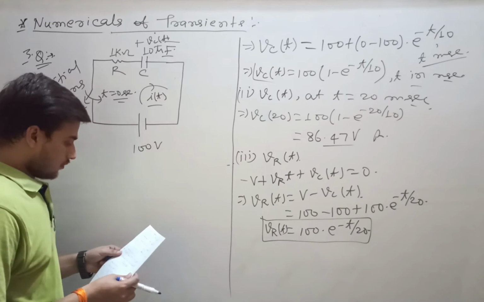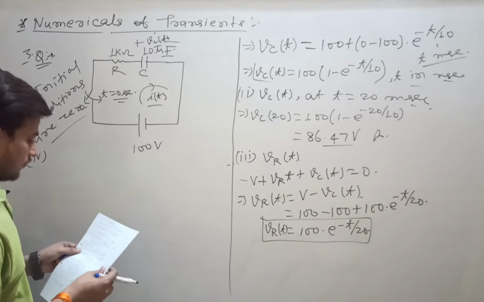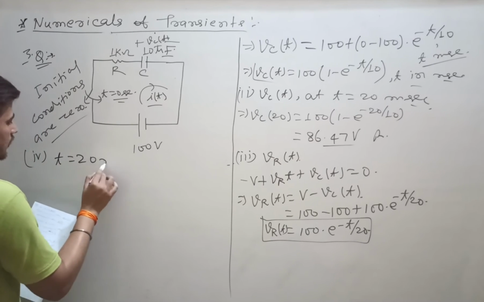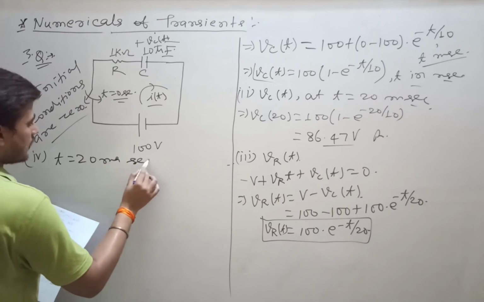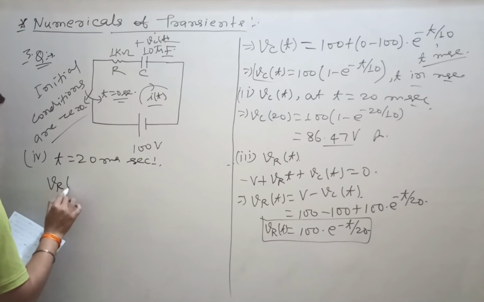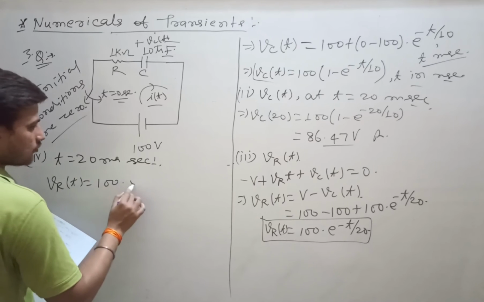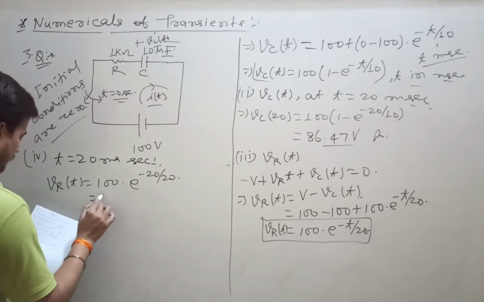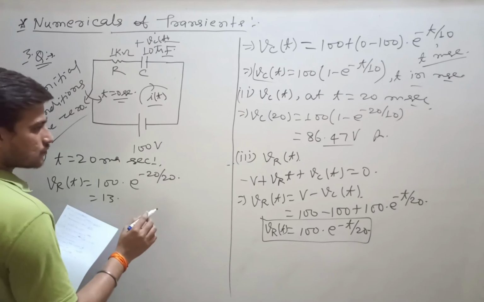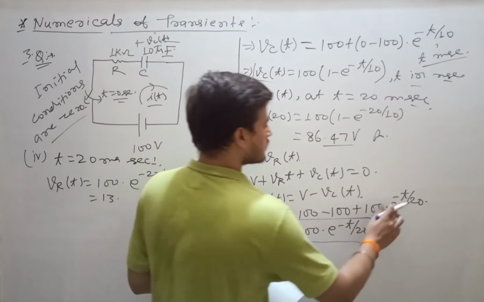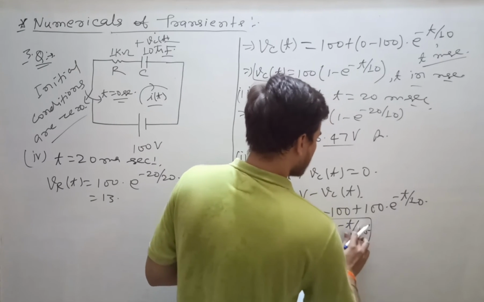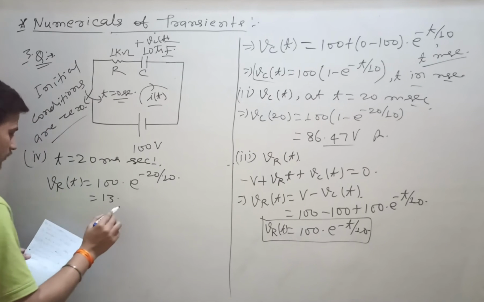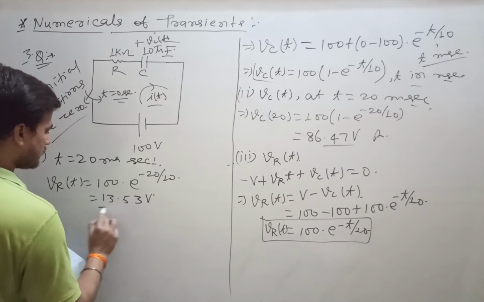So VRT will be how much? 100 into e to the power minus 20 upon 10. Here it is 10 because the time constant is 10. So here minus 20 by 10. So here it is 13.53 volt as the answer.